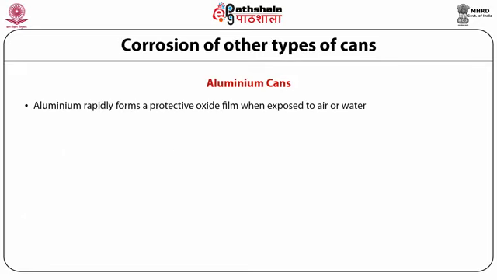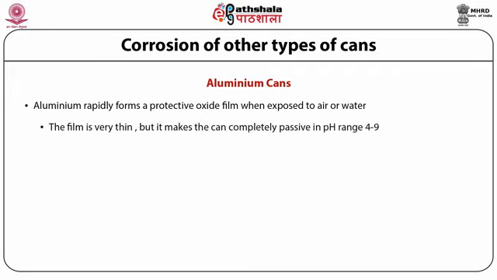Aluminium cans rapidly form a protective oxide film when exposed to air or water. The film is extremely thin, about 10 nanometers in thickness, but it renders the metal completely passive in the pH range from 4 to 9.